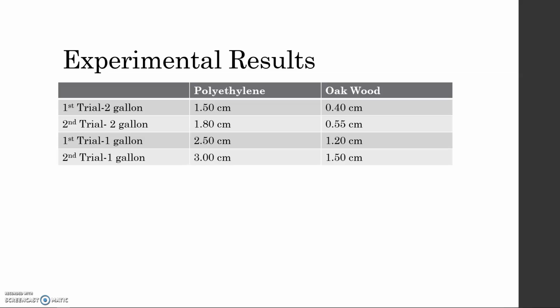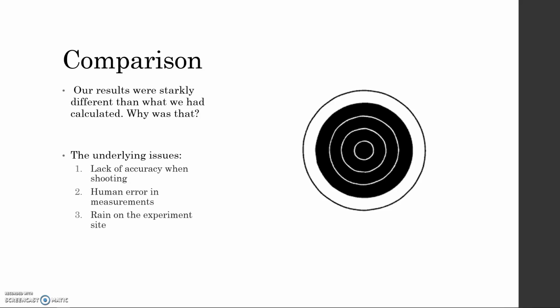With the oak wood 2 gallon experiment, we found it went from the range of 0.4 centimeters to 0.55 centimeters. Also, we found the oak wood 1 gallon to be 1.2 centimeters and 1.5 centimeters, which is significantly lower.